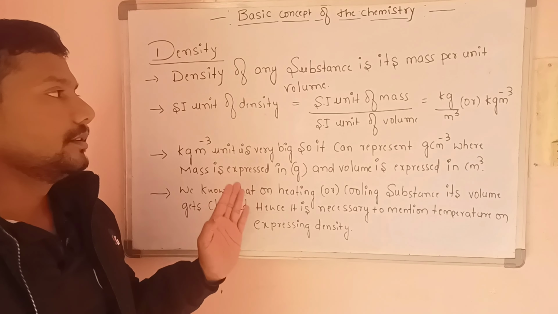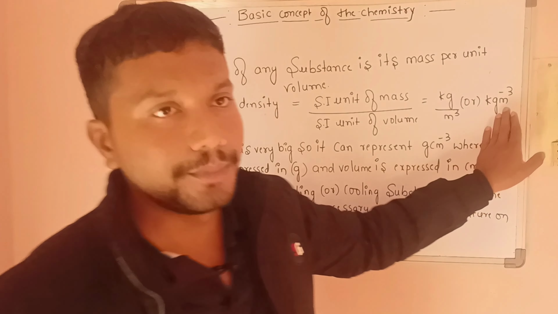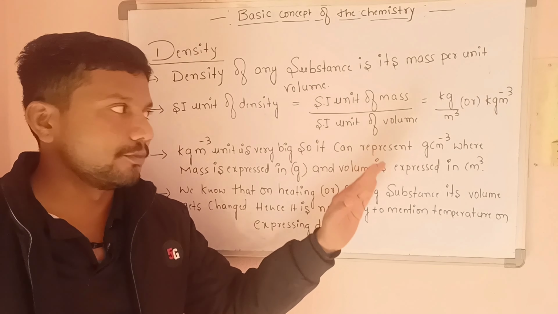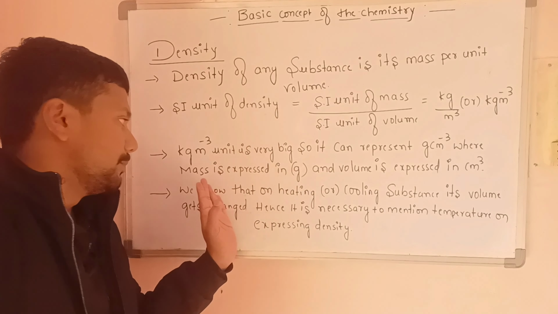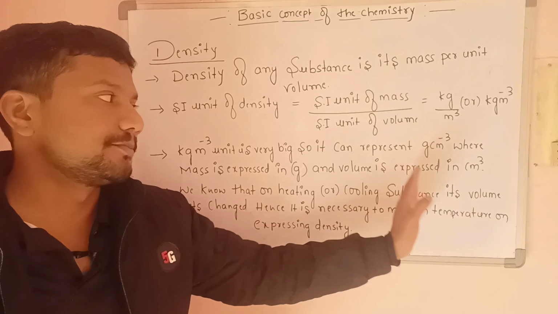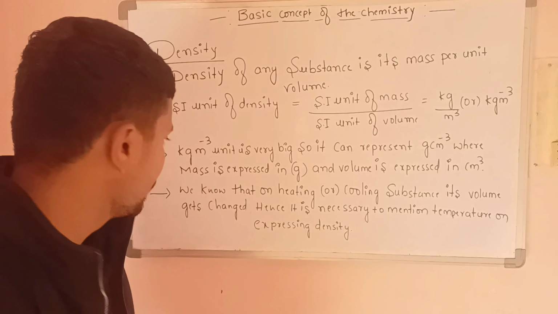We convert the big unit into a small one by expressing mass in gram and volume in centimeter cube.